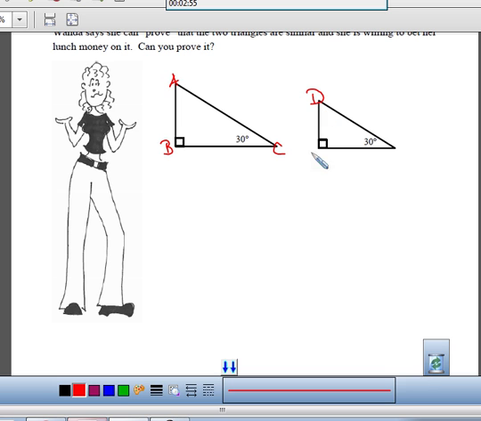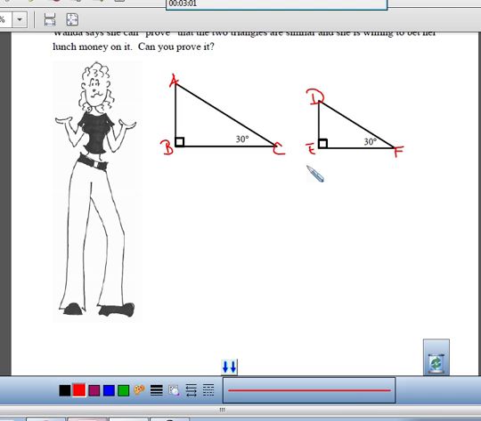So D, E, F. So angle A goes with angle D, angle B goes with angle E, angle C goes with angle F.